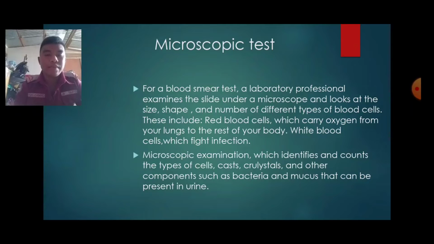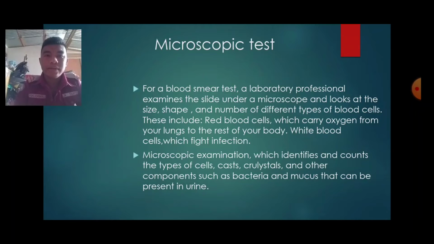Microscopic test for a blood smear test. A laboratory professional examines the slide under a microscope and looks at the size, shape, and number of different types of blood cells.